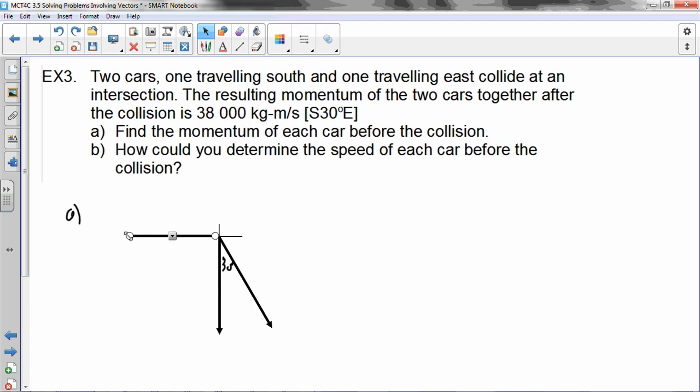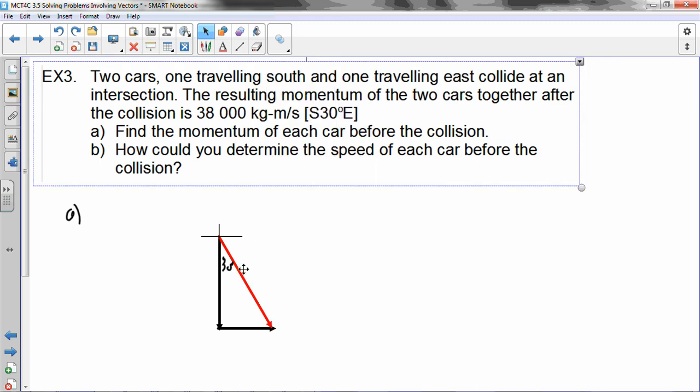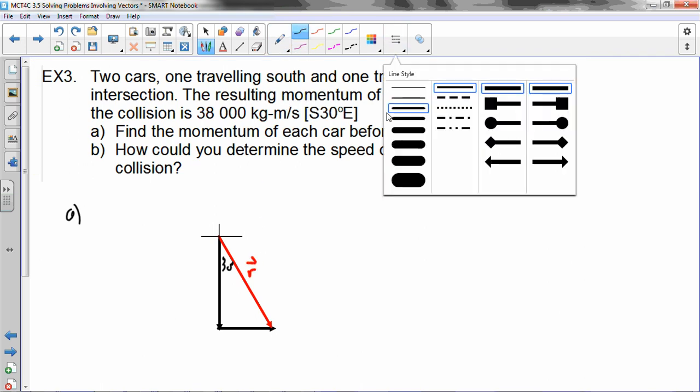And this one, if I fix it up, is the east component. The south component of the collision vector, and the east component of the collision vector, where this one here is the resultant, right? This is the resultant momentum vector. Put R on there.